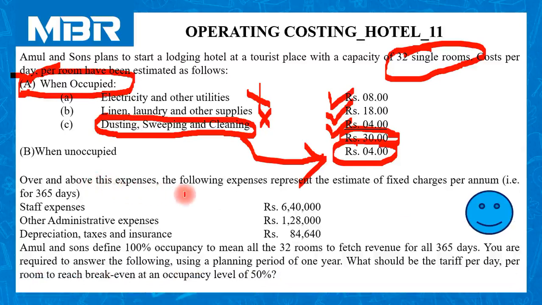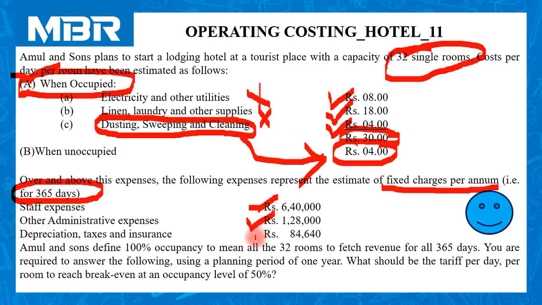Over and above these expenses, the following expenses represent the estimated fixed charges per annum, that is for 365 days. So from this information, we can easily identify the number of working days. Number of working days are 365. Staff expenses 6,40,000. Other administrative expenses 1,28,000.